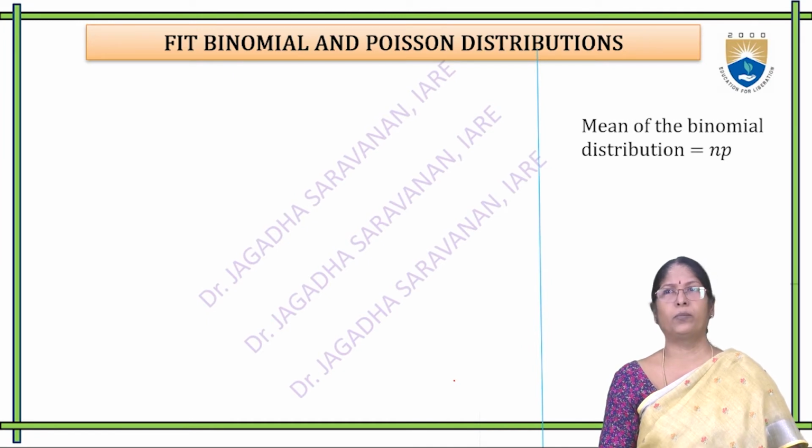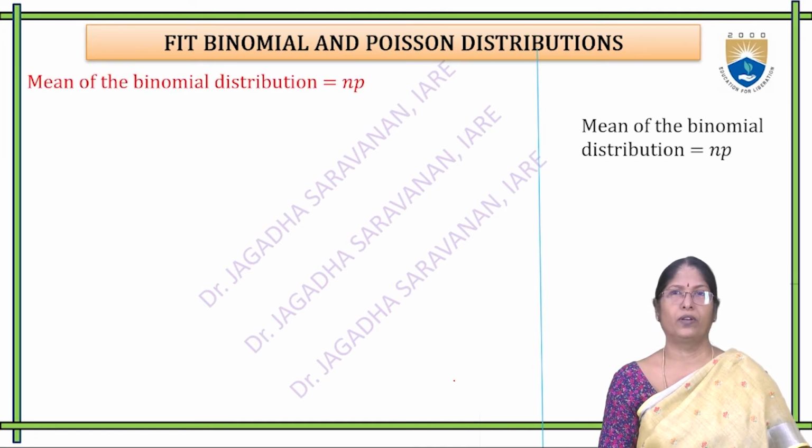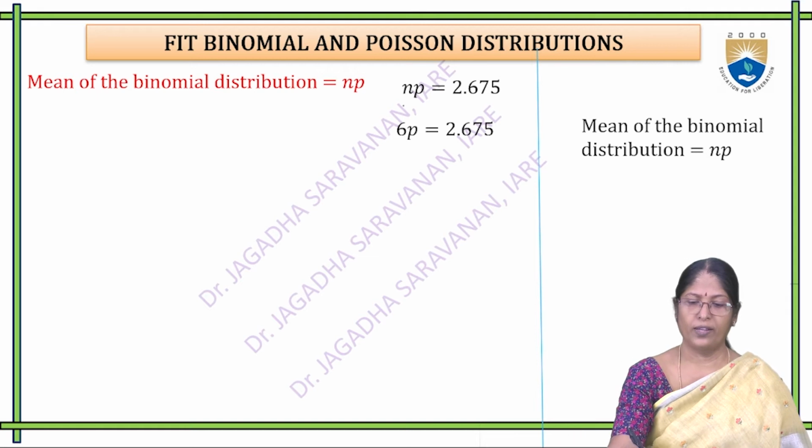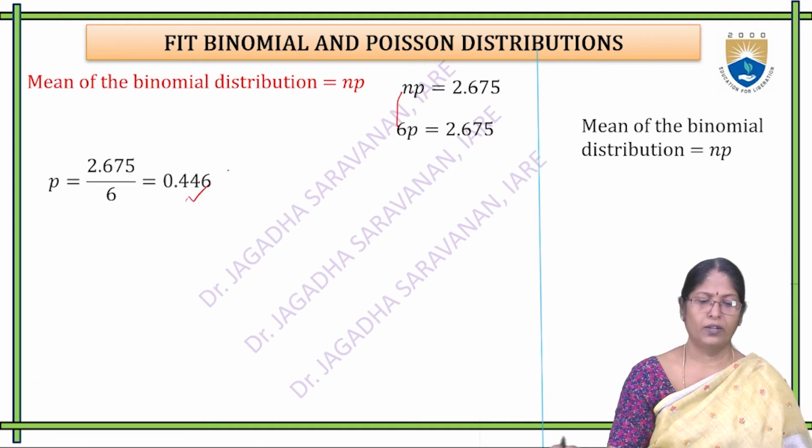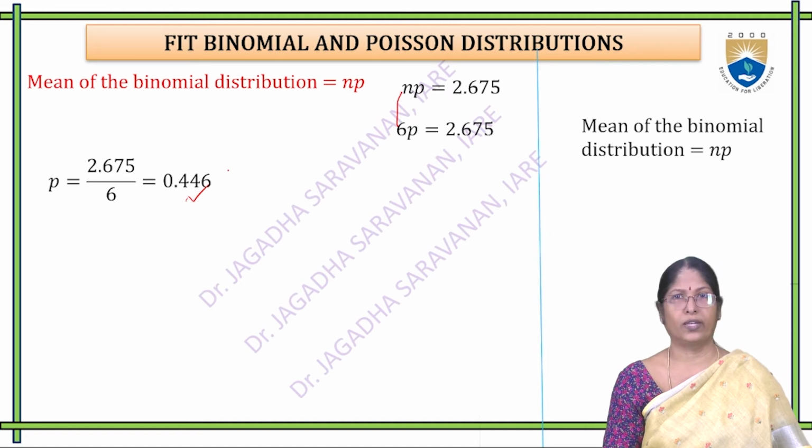So the mean of the binomial distribution is np. So we have written np, and we obtained 2.675. N is replaced by 6, so 6 into P equals 2.675. P we obtained as 0.446.